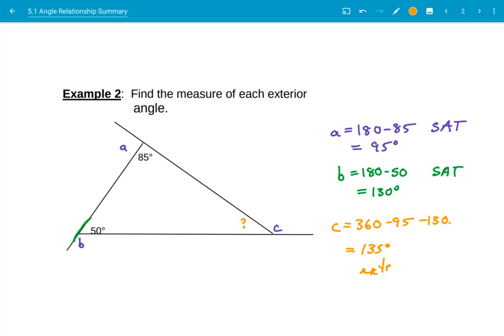Exterior angles of a polygon or a triangle. Okay, so go ahead, get that caught up. Look at the example, look at the calculations, look at the reasoning put down, how I added letters to the diagram. Okay, if you're ready, go on to example 3.